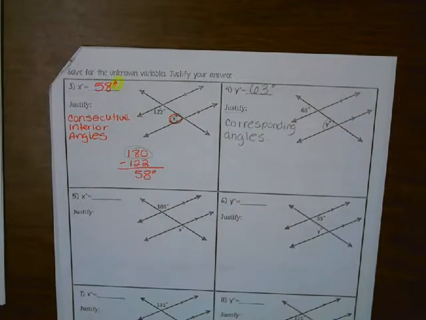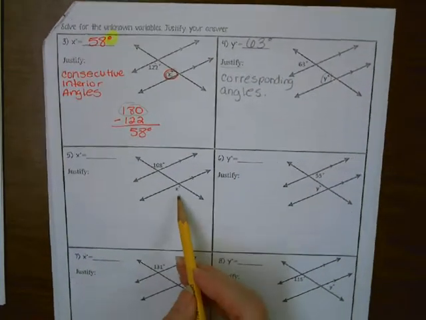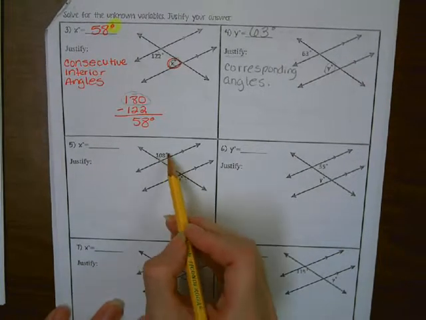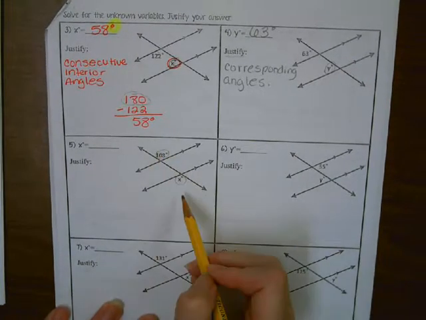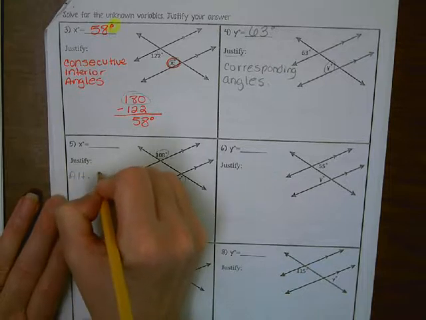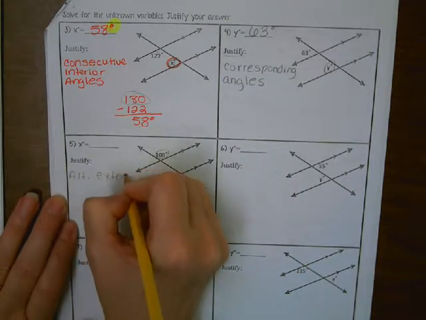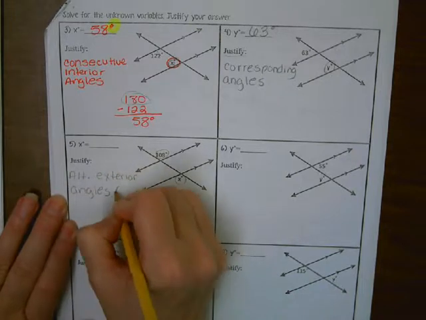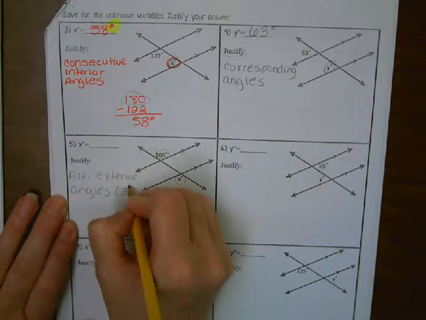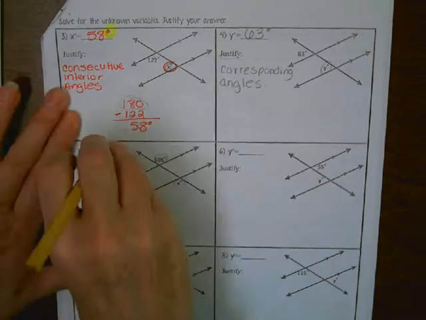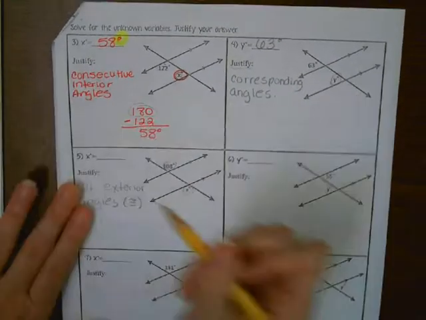All right. So what's going on with this angle down here? These are alternate exterior angles. And I know that alternate exterior angles are congruent. So angle X has to be 108 degrees.